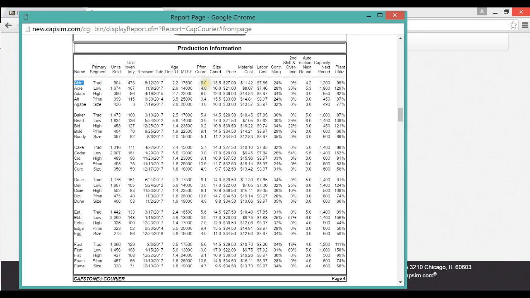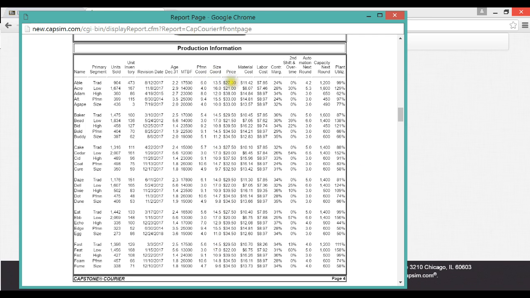When we look at performance, competitors are 5.4, 5.7, here's 6.1, so a little bit better than us, 5.6, 5.6. So right now my performance is on the high side, which is good. My size is 13.5, and looking at the others, 13.5 is actually the smallest, which is also good.